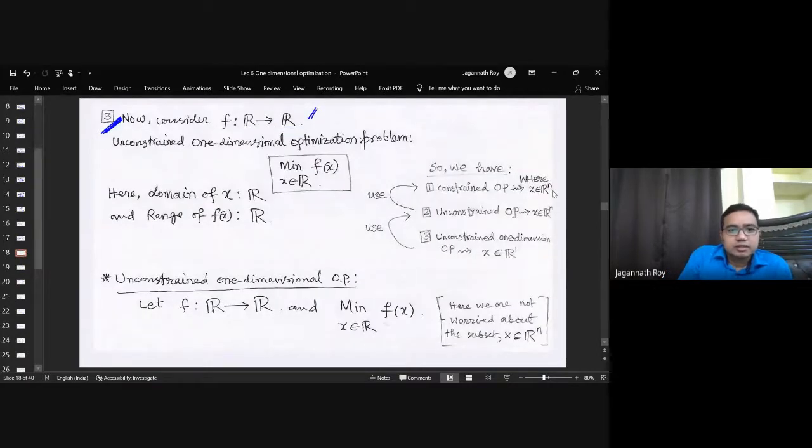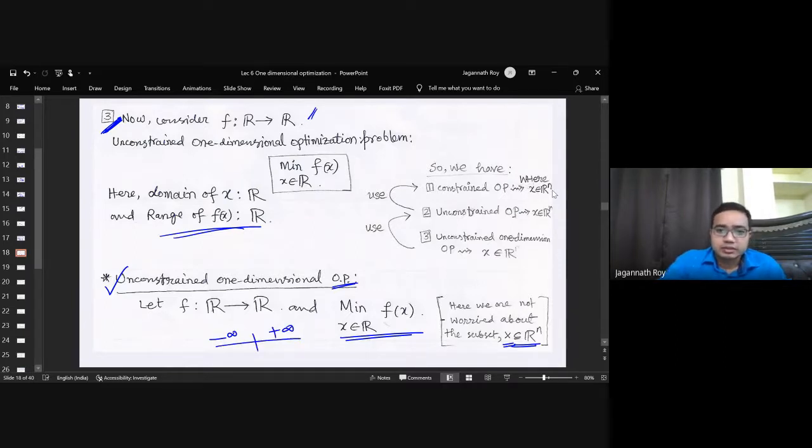For unconstrained one-dimensional optimization problems, we are not worried about x; we have the freedom to move from minus infinity to infinity. The idea of three will be used in two, and the idea of two will be used in one. This would be the structure, so we are now focusing on this one.